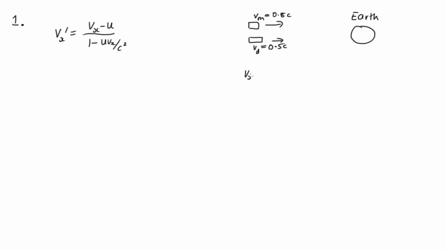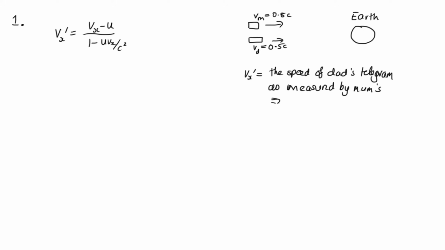So Vx prime, that is the speed of Dad's telegram as measured by Mum's telegram, which is what we're trying to find.